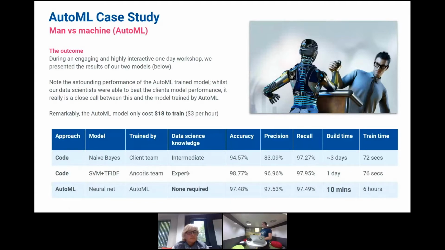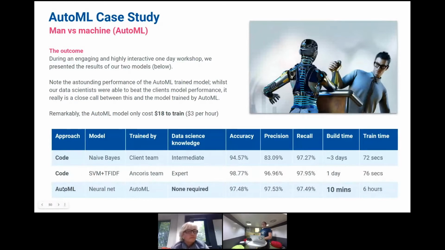Data science knowledge is an expert, and you can see the accuracy that model achieved. 98.77% accuracy, decent precision, decent recall. It took him about a day to build. For someone who'd never done it before, it's going to take you a lot longer. And it took about 76 seconds to actually train that model. When we ran that on the AI platform, it took 76 seconds to train.